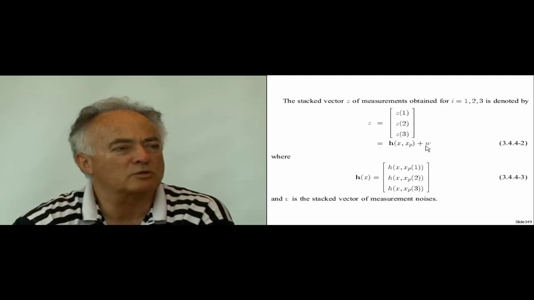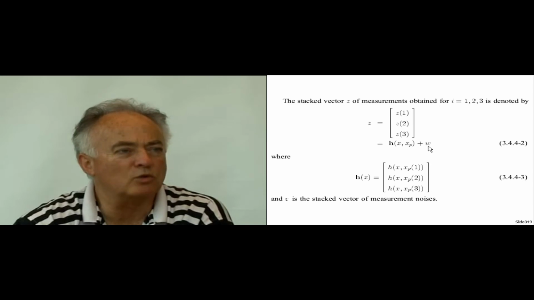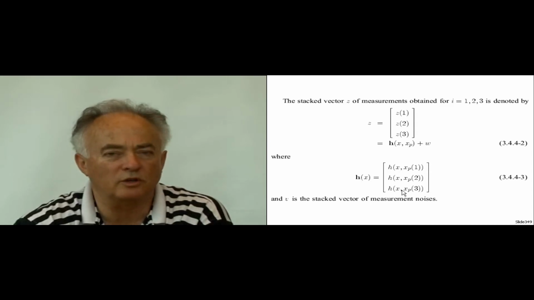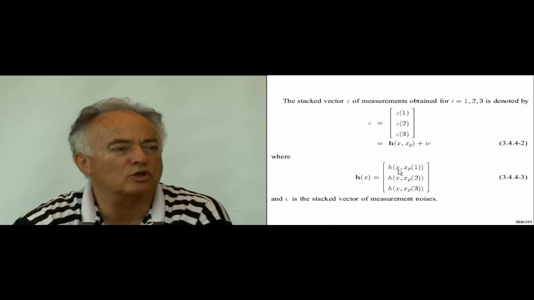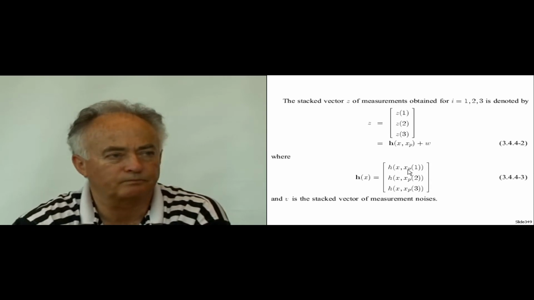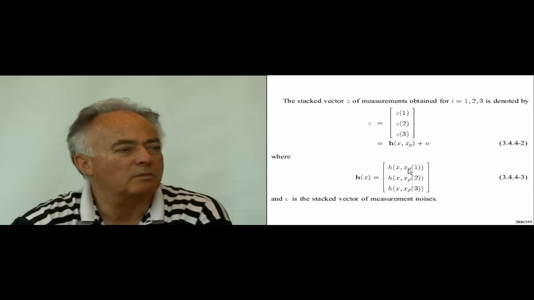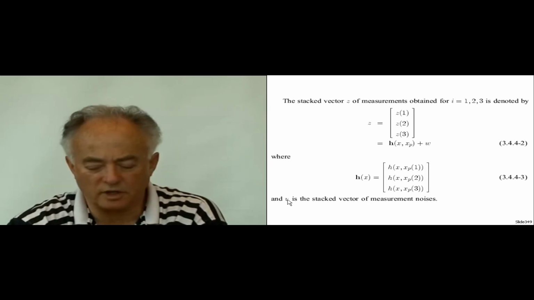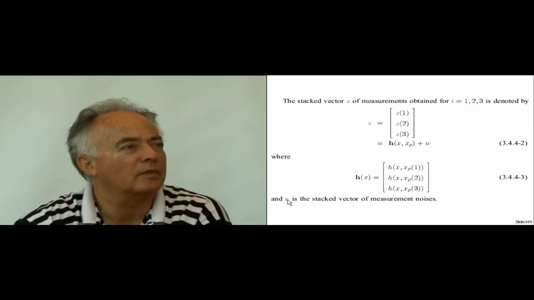Plus the measurement noise, now it is a w vector, a 3-dimensional vector, and the vector h has 3 components. Each depends on the vector x, the unknown location of the object, and our known location. This is a w, this is a v, all of them should have been w to be consistent. There are some typos here, sorry.